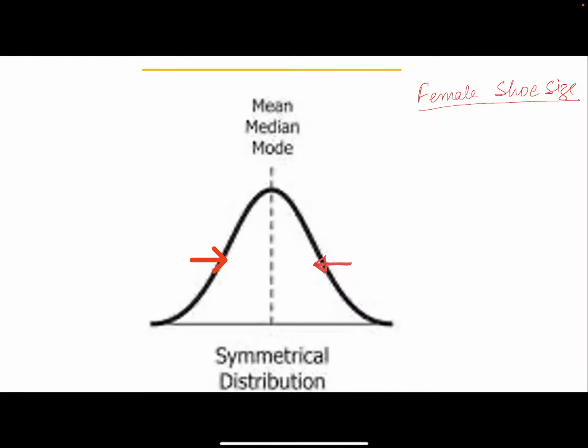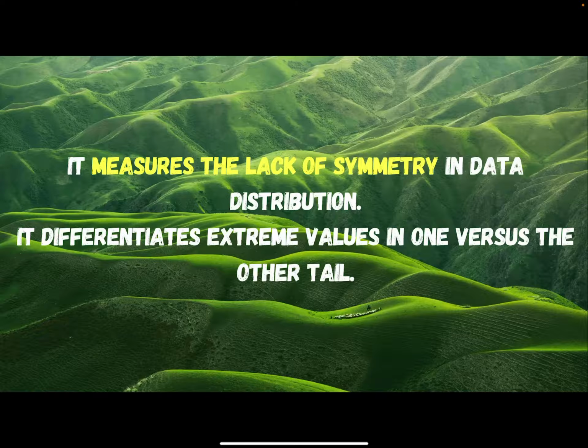So, if I assume that this is size 4, then this will be size 8, similarly 4, 5, 6, 7, 8, and this will go till 14, and say 12 maximum, and this never touches the axis. Remember this, that this tail never touches the axis. Here the data is equally distributed on both sides of the axis. So, this is an example of a normal distribution.